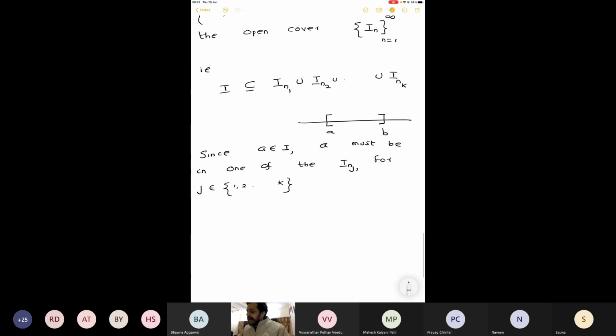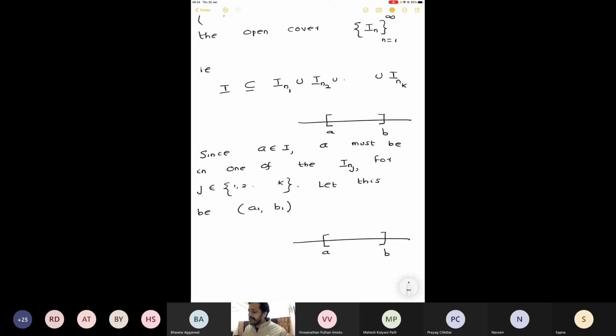So let this I_nj be (a1, b1). Since it is an open interval of finite length, it will be of the form (a1, b1). So you have [a, b] here. This a will be in one of I_n1, I_n2, and so on, I_nk.